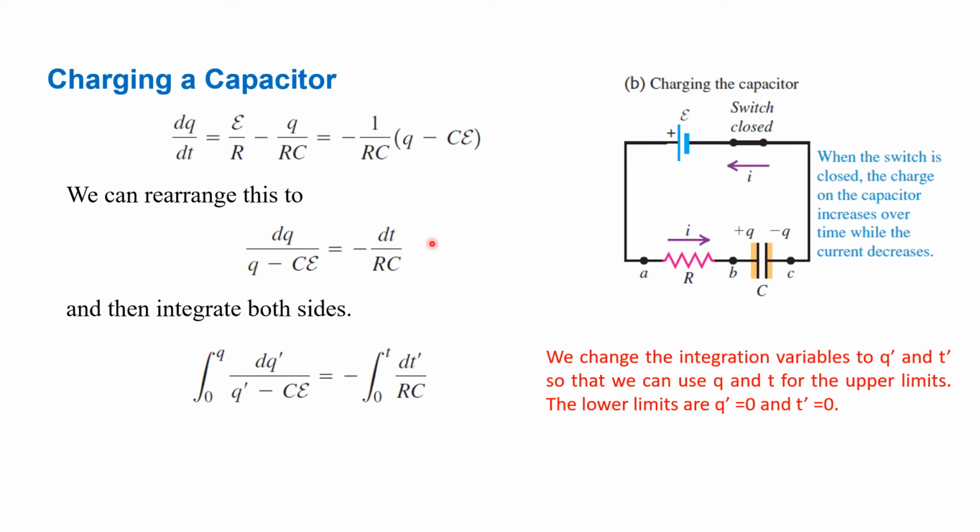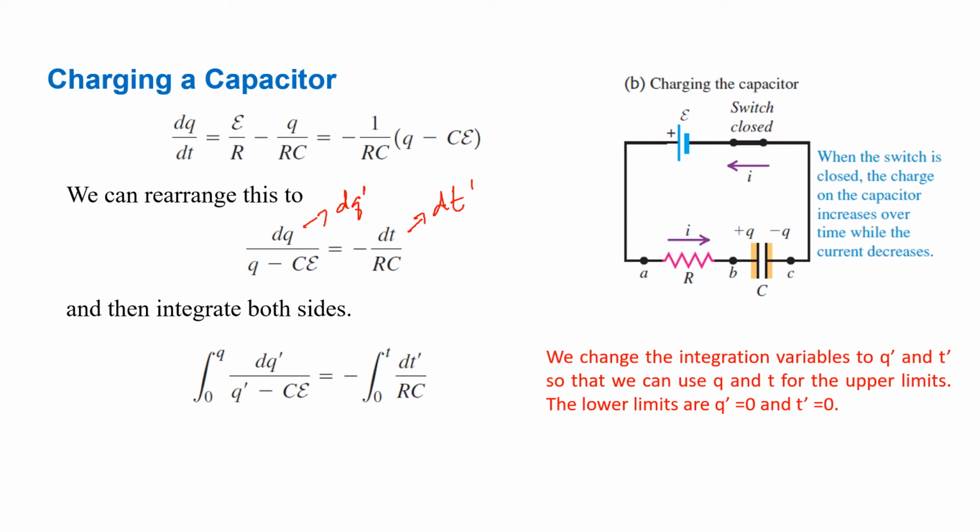But before integrating, we change the integration variables to Q prime and t prime, so this one becomes dq prime and this one dt prime, so that we can use your Q and t for the upper limits, and the lower limits are Q prime equal to 0 and t prime equal to 0.